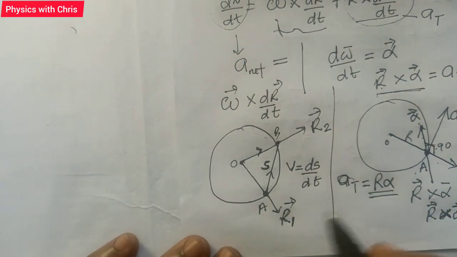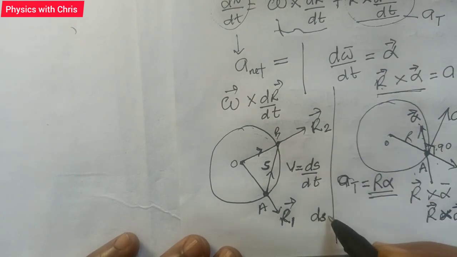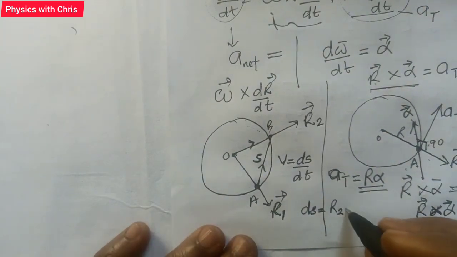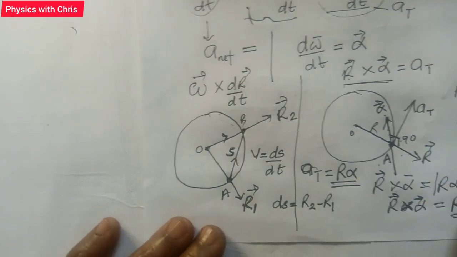Now our ds is the same thing as r2 minus r1.